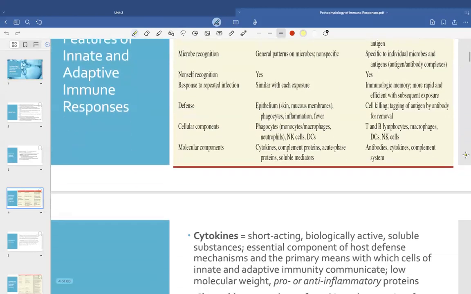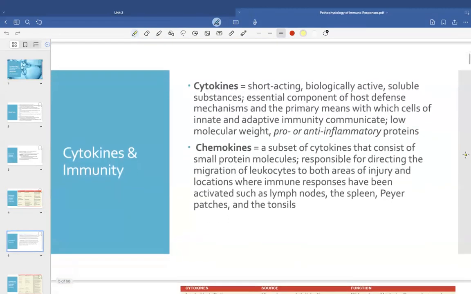Okay, as far as your cytokines go, you have cytokines and chemokines, and I know we've used those terms. Cyto means cell, okay? Chemo is a chemical, okay?